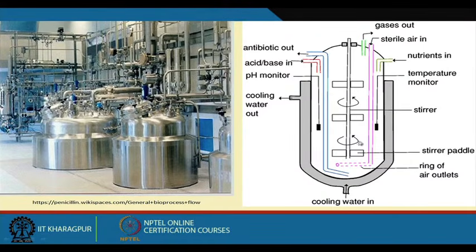This is the fermenter, and this is how the impellers look. This is the different type of fermenter that is used. We can have the air in here, and the air out, the gas out, there. That is the temperature monitoring system that we have.